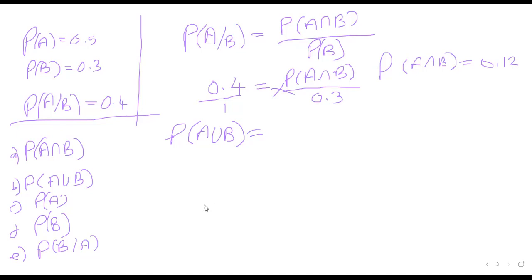It's the probability of A plus the probability of B minus the probability of A intersection B.